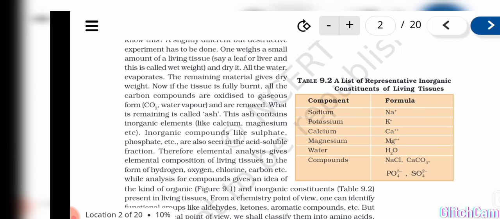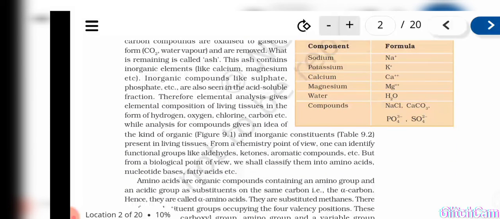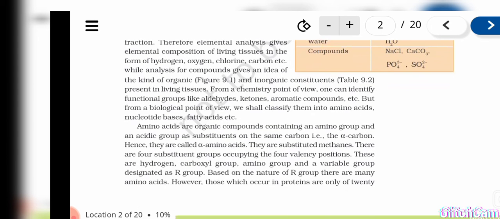So if we analyze the animal or plant tissues, they are made up of various elements like oxygen, hydrogen, chlorine, carbon, etc., and it will be the same as what we get from the soil. Understood?